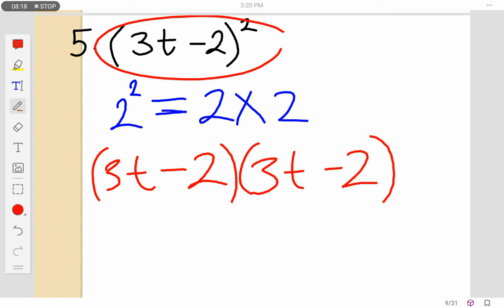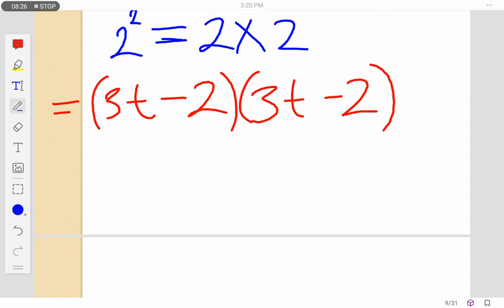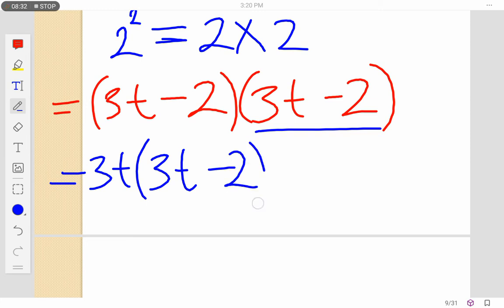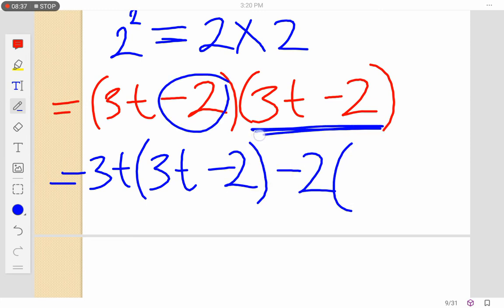That's basically what it means there. Let's simplify now that we have clarified that. 3t will multiply that other bracket, 3t minus 2, and then minus 2 will multiply that other bracket, again 3t minus 2.